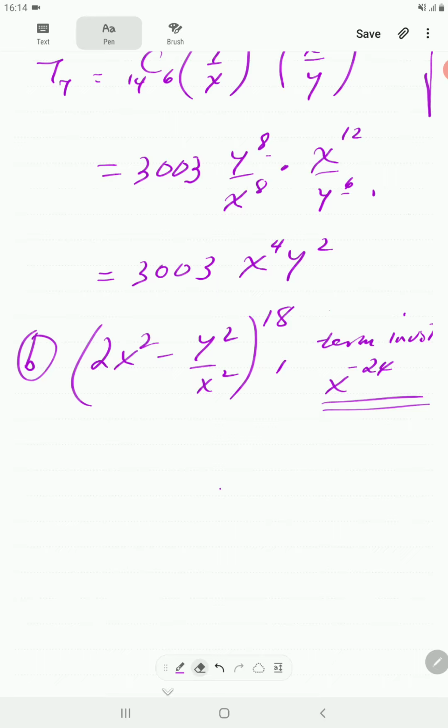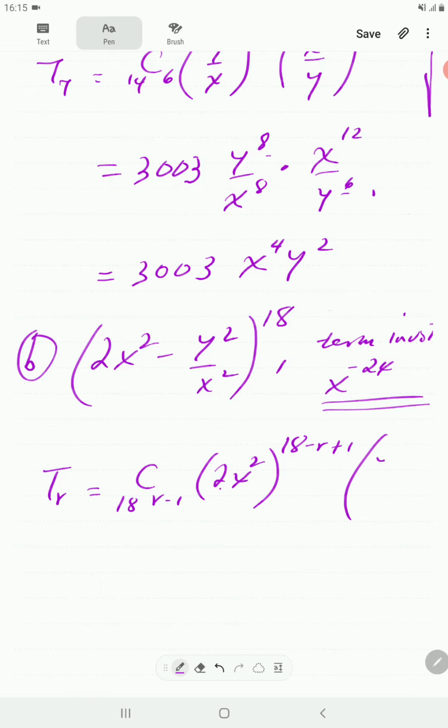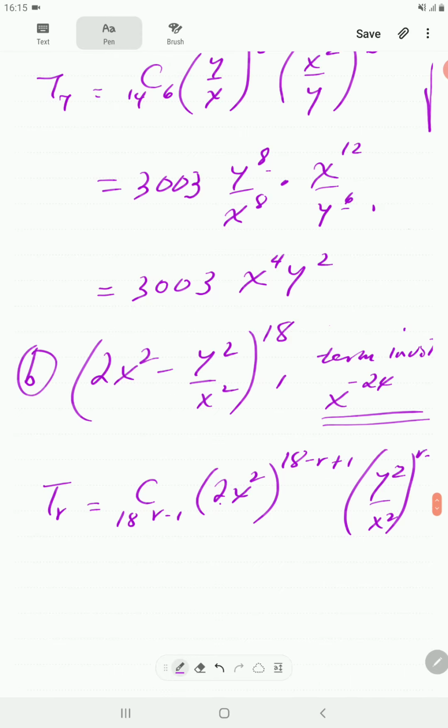So this time, T r is going to be combinations of 18, taking r minus 1 at a time, 2x squared here to the power 18 minus r plus 1, y squared over x squared to the power r minus 1.